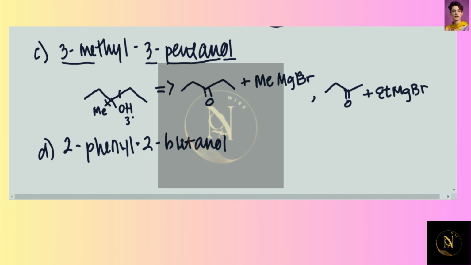So just as in part A, we could also imagine using an ester and then adding 2 equivalents of the Grignard reagent. Those are our options for making 3-methyl-3-pentanol.